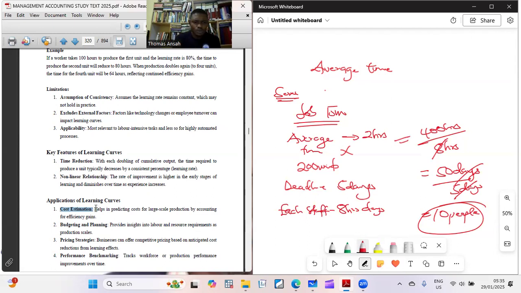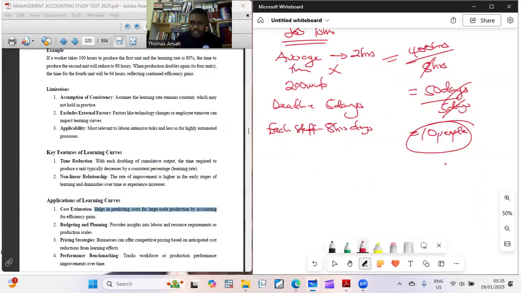So to help you to know the cost of labor that you need, like this analysis that I just did. And if you need 10 people, and for the time they work, these people collect, let's say, a fixed amount of 1,000 Ghana cedis, you are able to know that you are going to pay 10,000. All right. So basically it helps you to actually know how to estimate your cost.